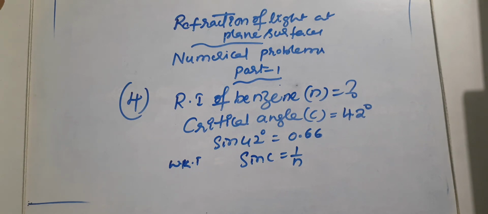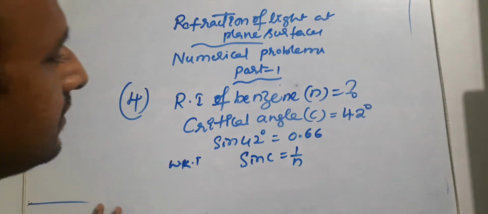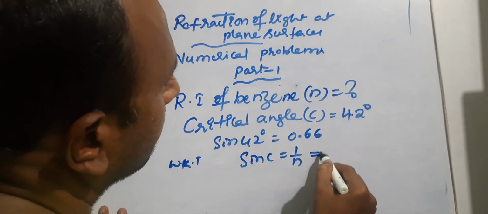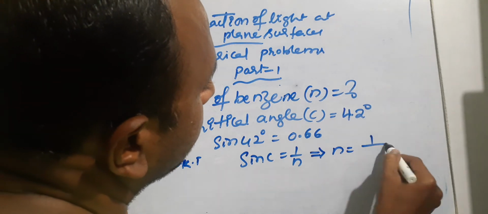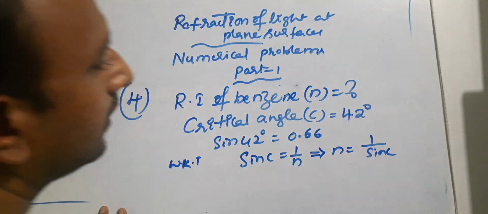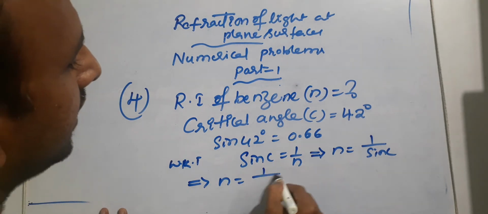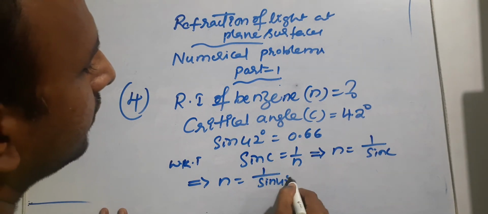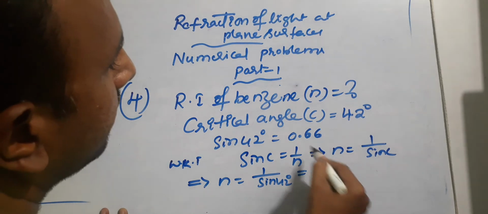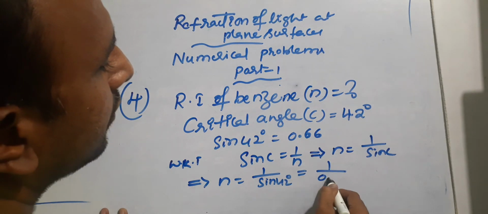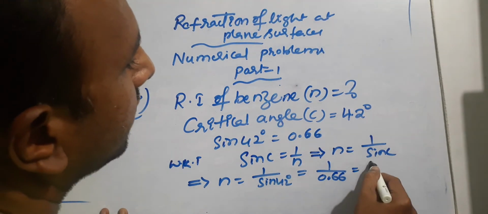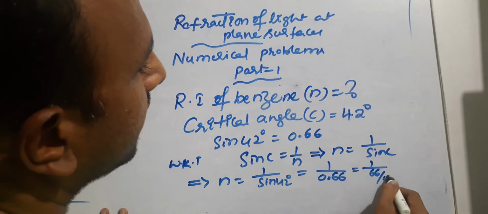You can watch and understand the derivation of sin c is equal to 1 by n, or n is equal to 1 by sin c. This implies n is equal to 1 by sin 42 degrees. You know the sin 42 degrees value is 0.66, and it can be written as 66 by 100.